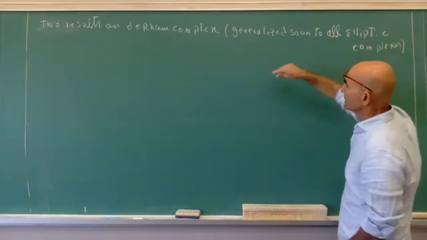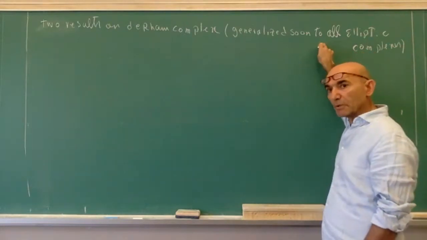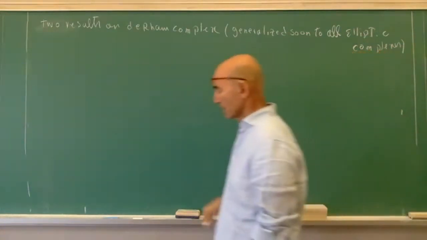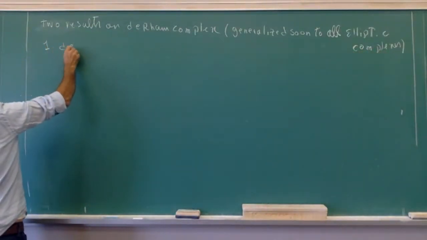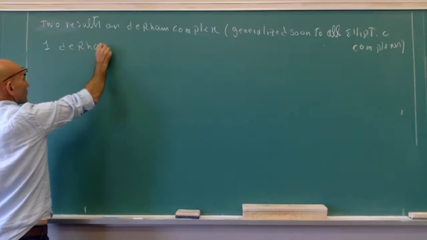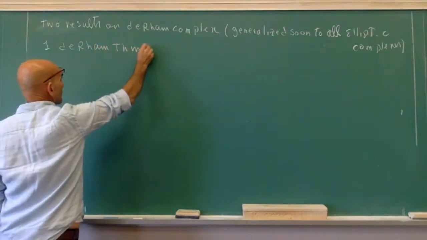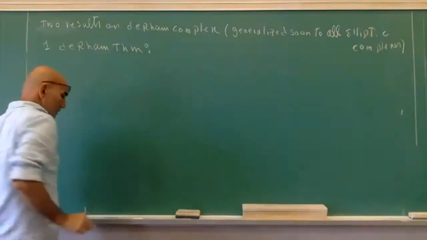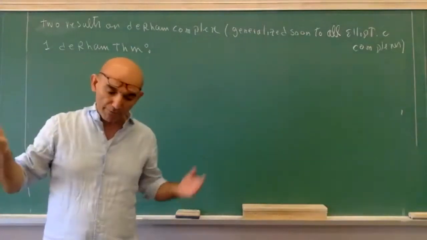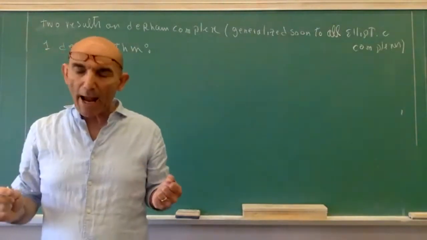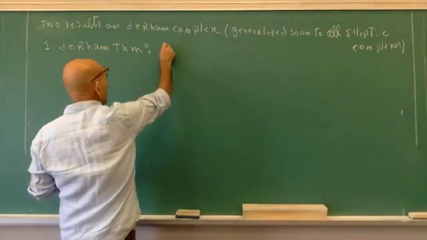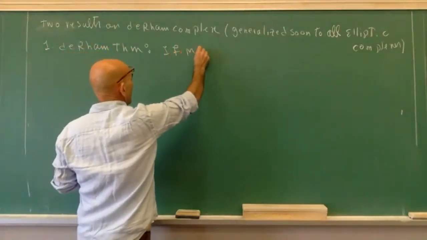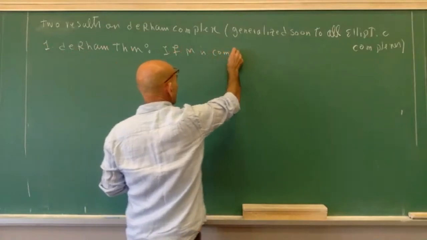When I prove these results for elliptic complexes, these results also follow. The first result is the de Rham Theorem, the classic result. It says that if your smooth manifold is compact, then the de Rham groups are finite dimensional.